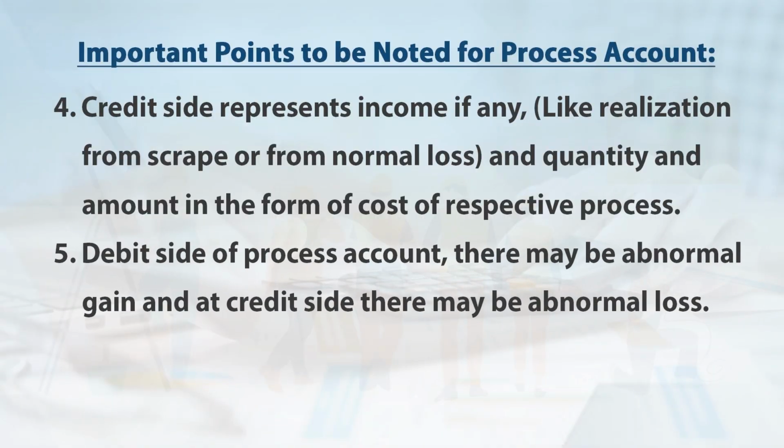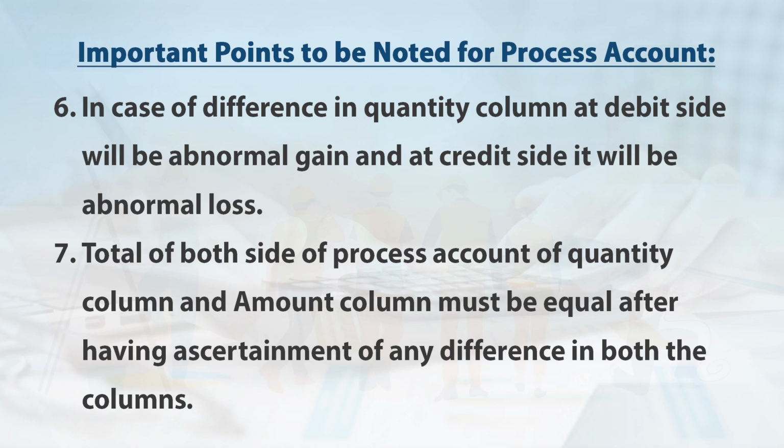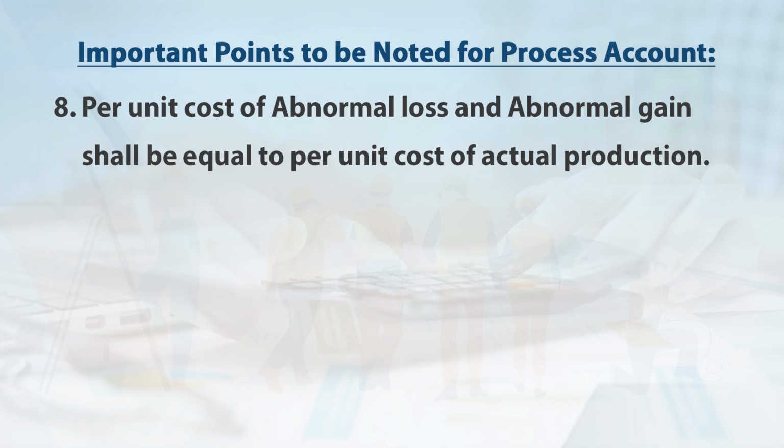Number 5, on debit side of process account, there may be abnormal gain and at credit side there may be abnormal loss. 6. In case of difference in quantity column, at debit side it will be abnormal gain and at credit side it will be abnormal loss. 7th, total of both sides of process account of quantity column and amount column must be equal after having ascertainment of any difference in both the columns. 8.